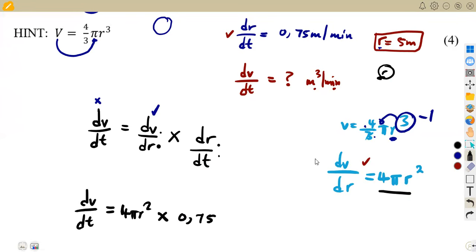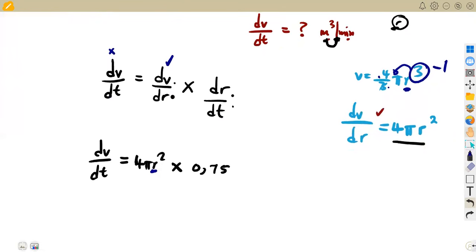This is the expression for the change of volume in cubic meters per minute. When the radius is 5 meters, we substitute our radius to find the exact value. So dV/dt is 4 pi times 5 meters squared times 0.75.